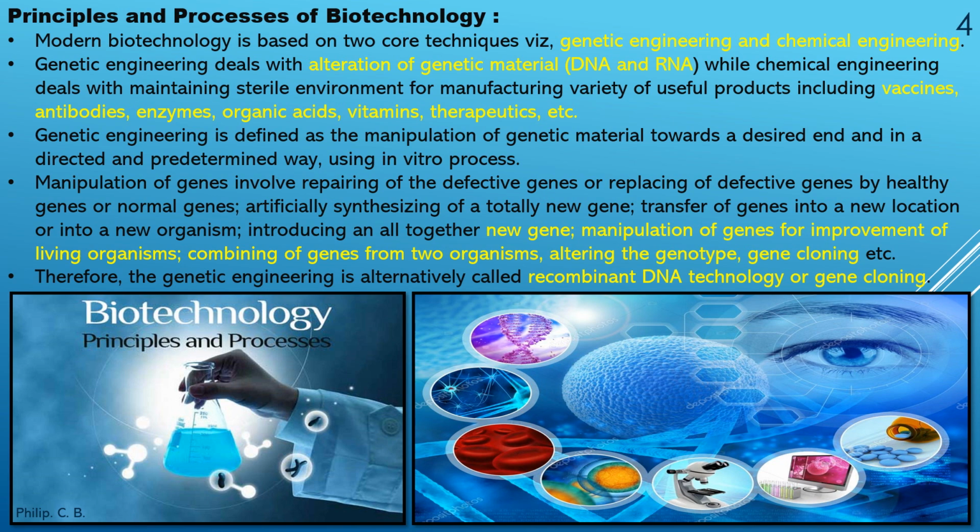Now, genetic engineering deals with alteration of genetic material, that is DNA and RNA, while chemical engineering deals with maintaining a sterile environment for manufacturing a variety of useful products including vaccines, antibodies, enzymes, organic acids, vitamins and therapeutics.